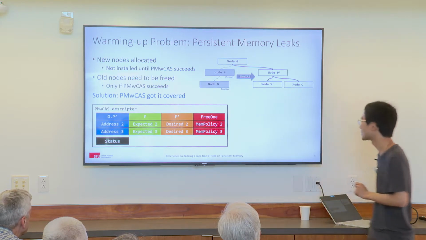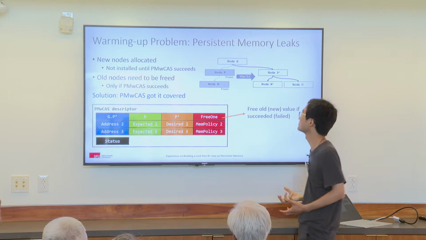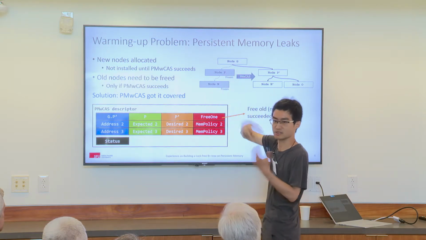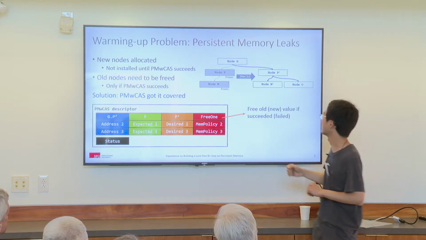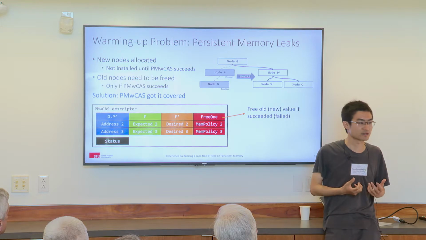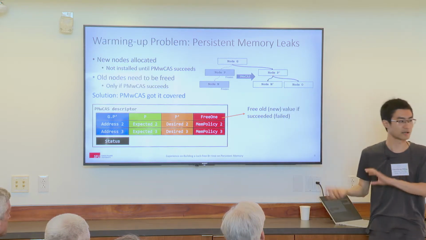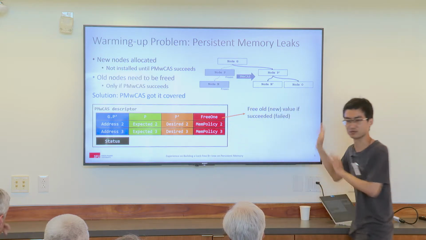What we really want to happen is, when the PMwCAS succeeds, we want the old value to get recycled, freed, returned back to the allocator. But if this PMwCAS actually failed, then we want the new node to be freed, returned to the allocator, right? So this is what this free one policy here is for.